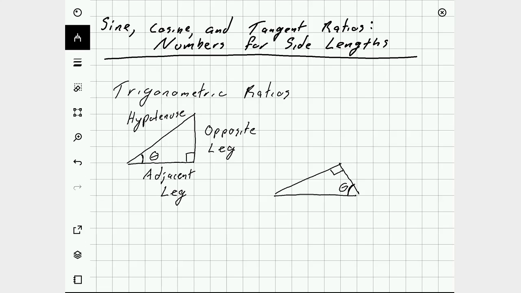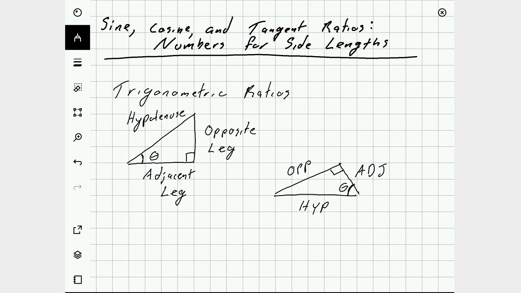The hypotenuse is the side opposite the right angle. The opposite side is the leg opposite the angle theta, and the adjacent side is the leg touching the angle theta.